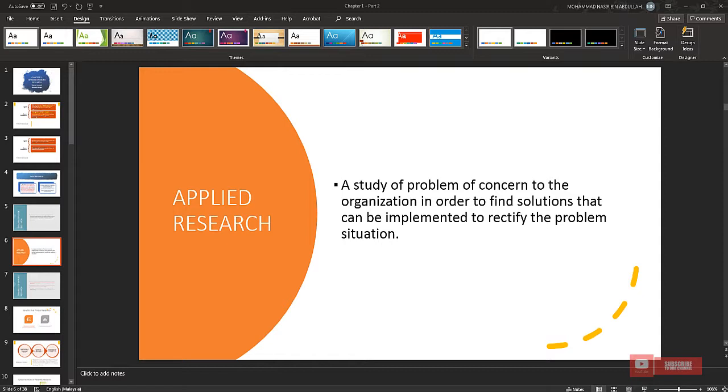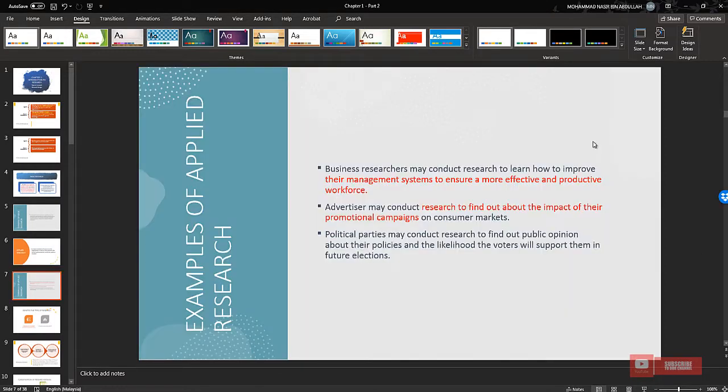Right? So for examples of applied research, business researchers may conduct research to learn how to improve their management system to ensure a more effective and productive workplace. Another example is that advertisers may conduct research to find out about the impact of their promotional campaign.